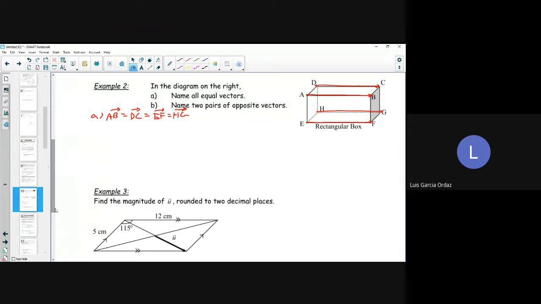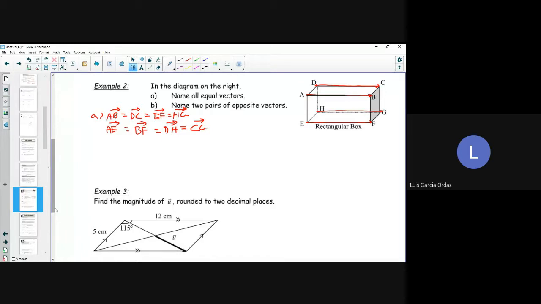Now, we can also look at the vertical vectors, which means that vector AE is equal to vector BF, which is also equal to vector DH, which is also equal to vector CG. And we can also look at the width of my prism.